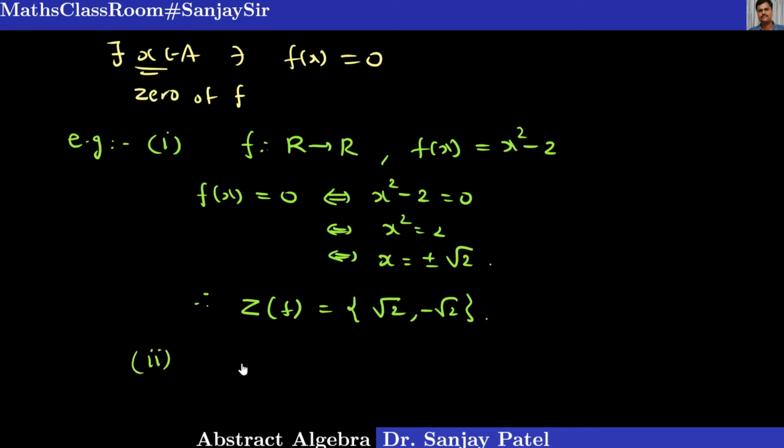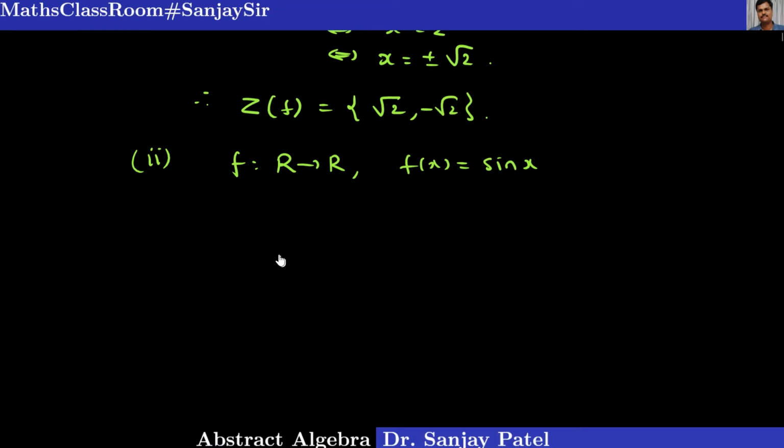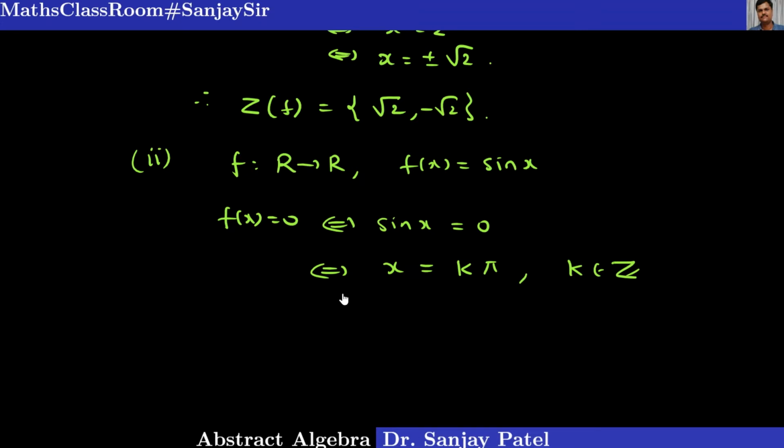Let us take another example. Suppose I take the function f from R to R, defined as f(x) is equal to sin x, this trigonometric function, and we know that the sine function is 0 if and only if the argument x is a multiple of pi, say it is equal to k pi for every k belongs to Z, because you know that sine pi is 0, sine 2 pi, sine 3 pi, sine minus pi, sine 0 is 0.